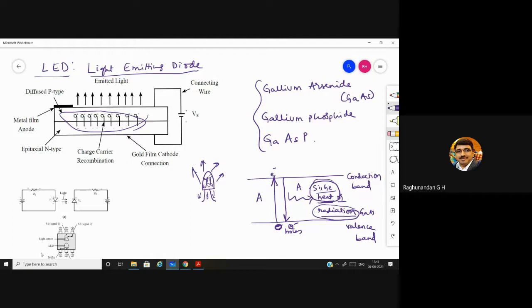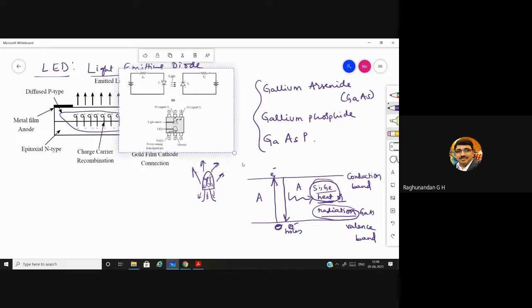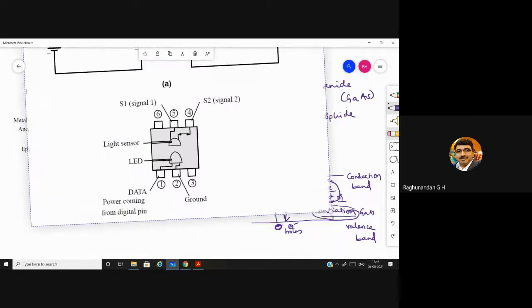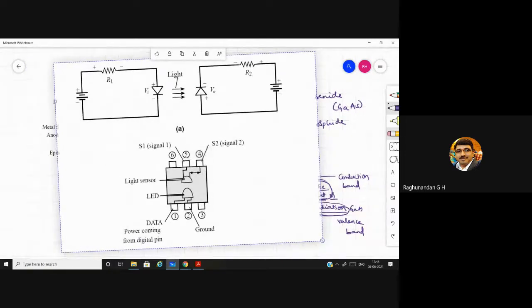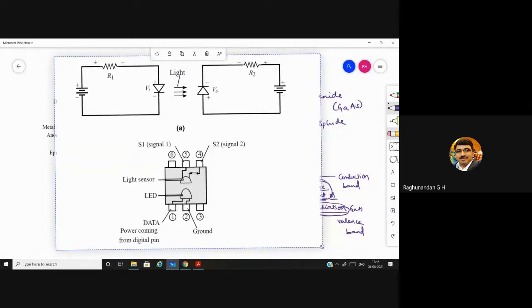After this, the last one is the photocoupler. So the photocoupler is the combination of an LED as well as a photodiode. Here we are going to use an LED, and here we are going to use a photodiode. The combination of both of them will give you a photocoupler.